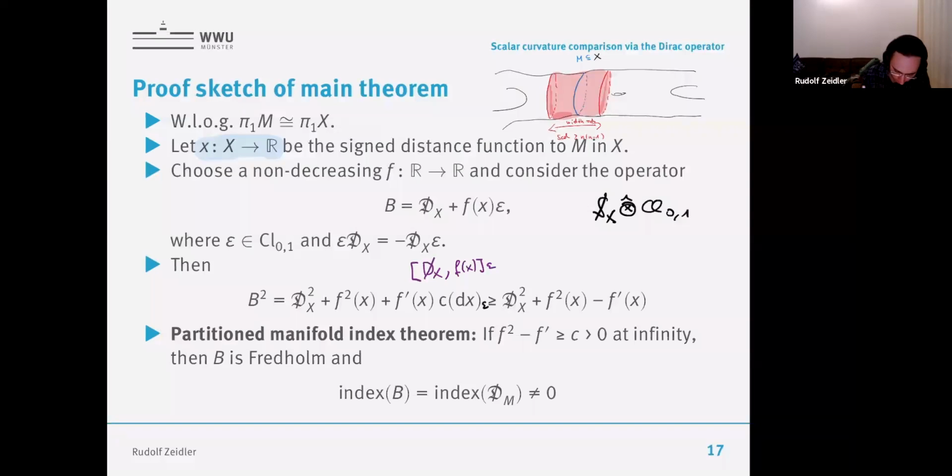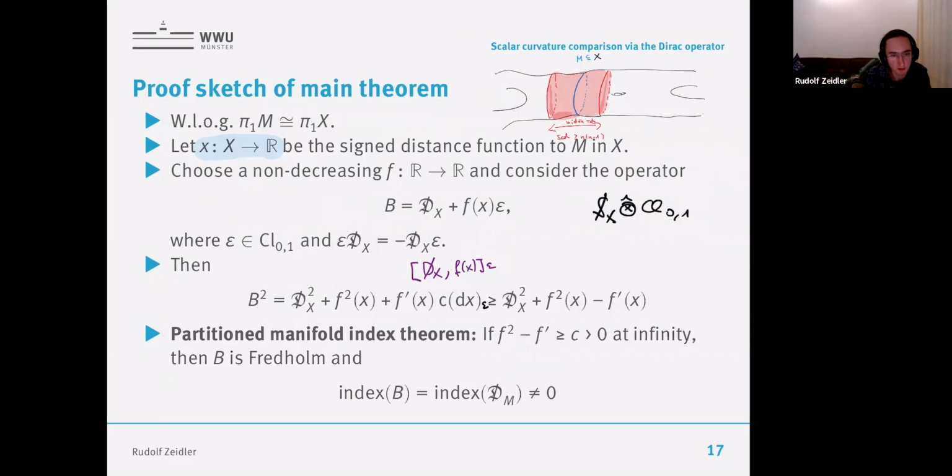And that is just the principal symbol of the Dirac operator applied to the derivative of f of x. You can write this as Clifford multiplication with the differential of the distance function. And then here you get the derivative of f as well.